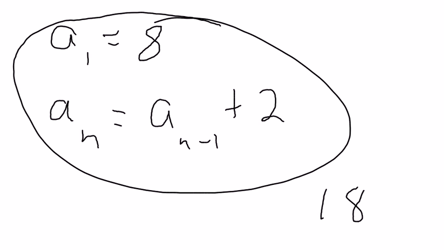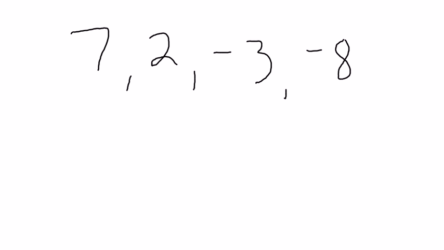All right. The next one is explicit formula for the sequence 7, 2, -3, -8, and so on. And then it wants us to find the 14th term. Now we can go over and do this 14 times.